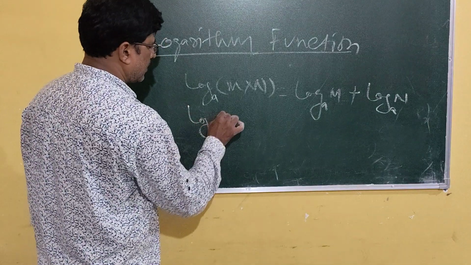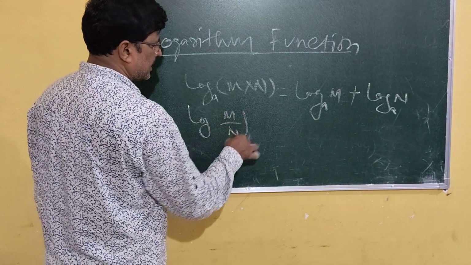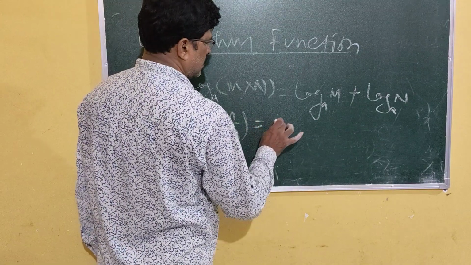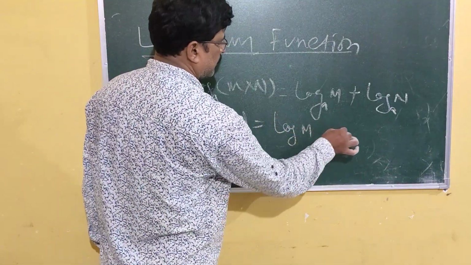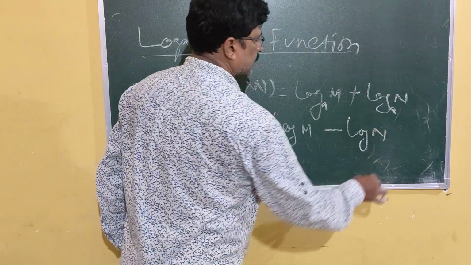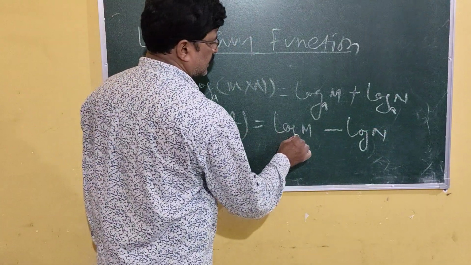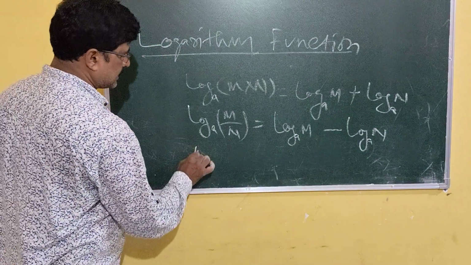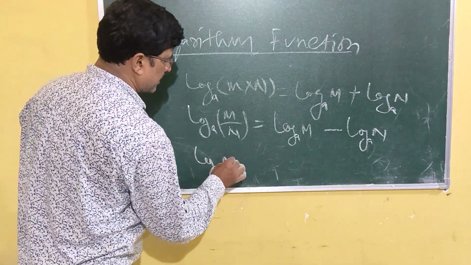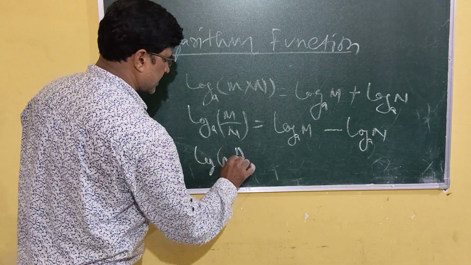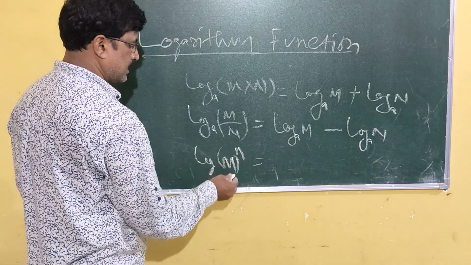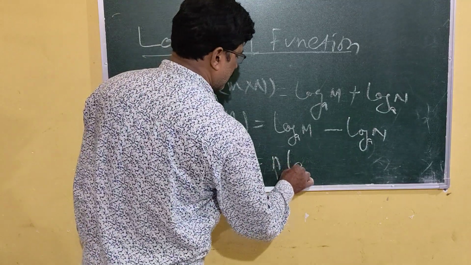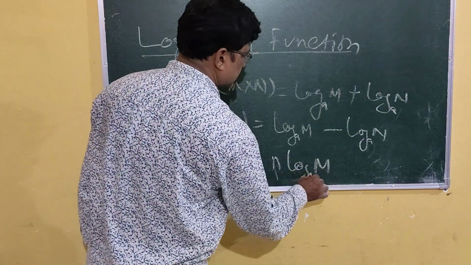Similarly, log of m by n, base a, becomes log m minus log n. If the base is a, you put a here; if b is there, you put b. But the important thing is log of m to the power n, base a. We can write it as n log m, base a.